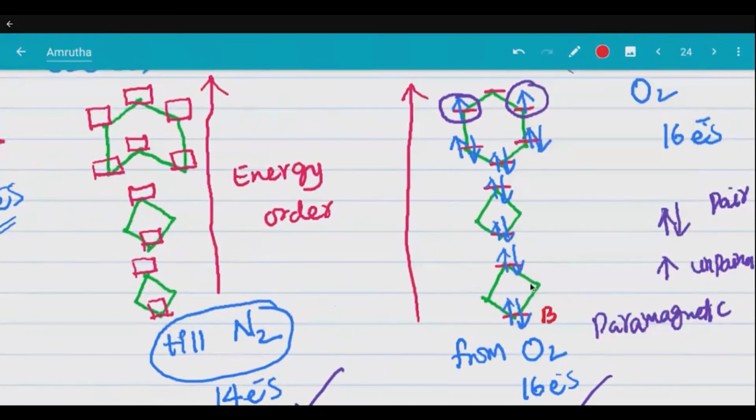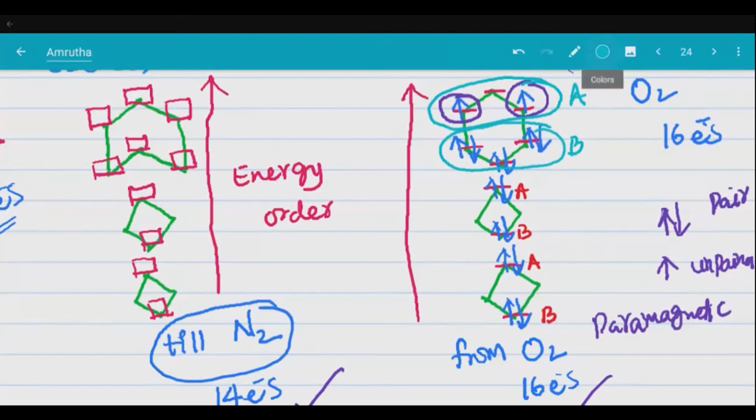This is bonding, this is anti-bonding, and there are 6 orbitals. All these are bonding, and these three are anti-bonding. Now tell me, in oxygen, how many bonding electrons are there in total?